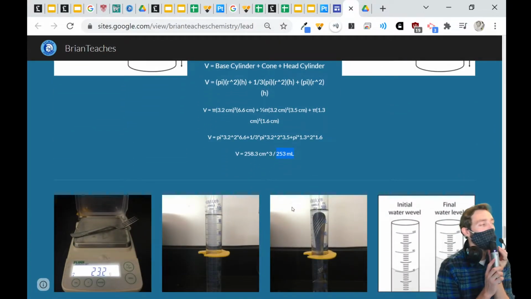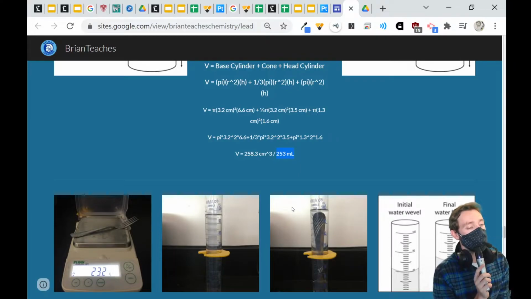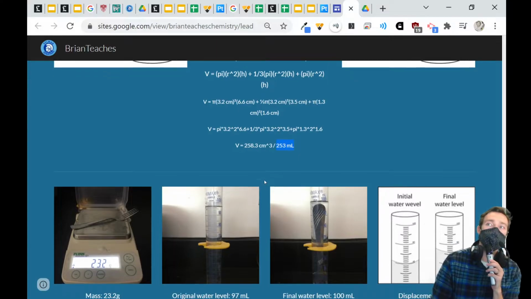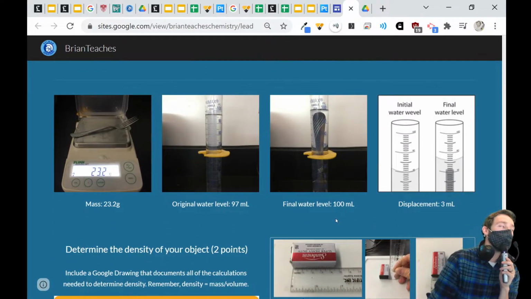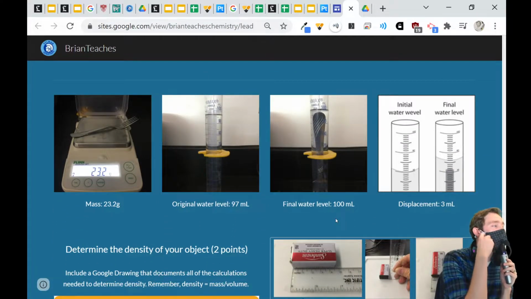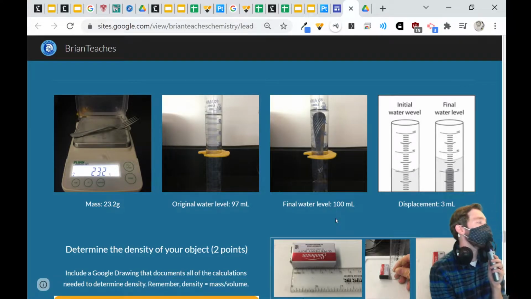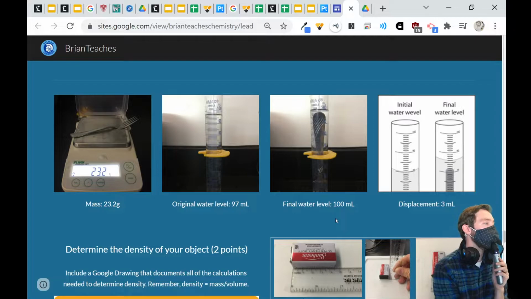And sometimes you might pick an object that you can't find the volume of using geometric means, and you would use the displacement method. In fact, the most accurate way to measure body fat, if you're a high performance athlete, is something called a DEXA scan.